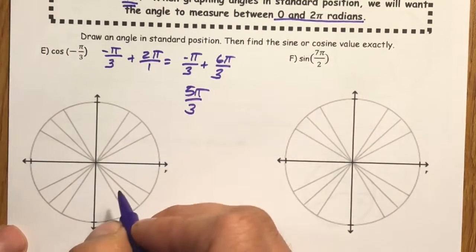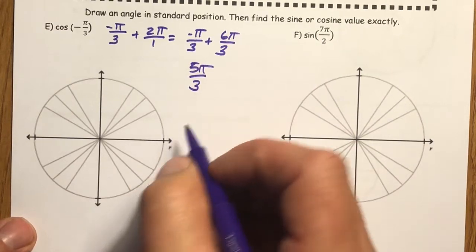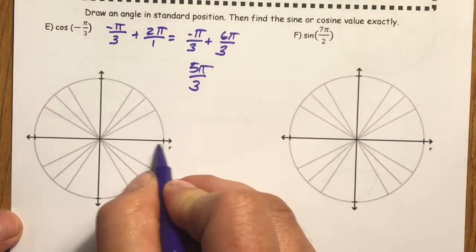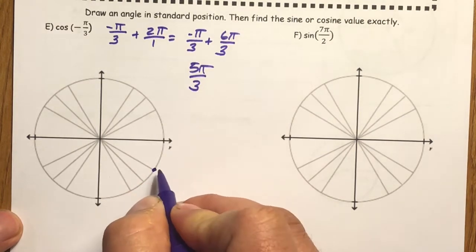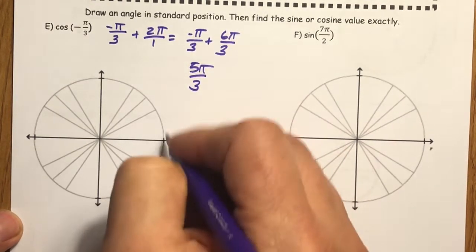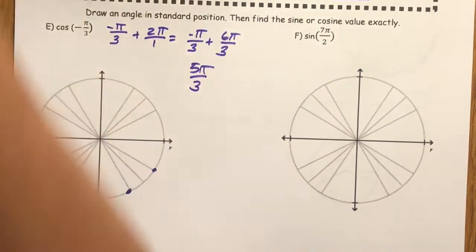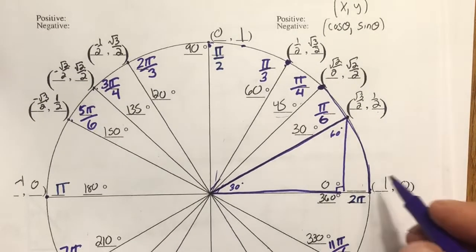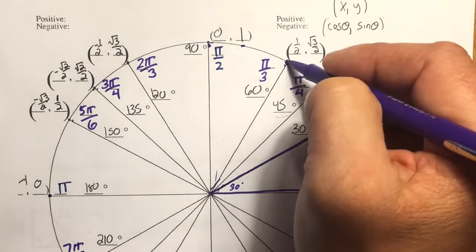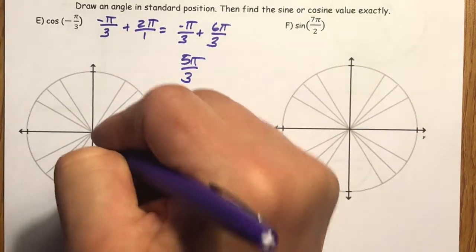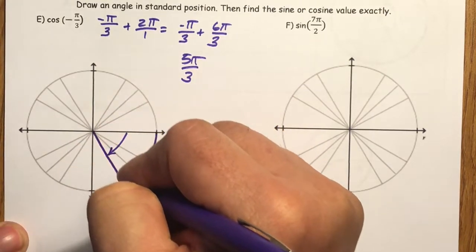So what that looks like down here, you can think of it one of two ways. Negative pi over 3 is just from here to here, because if you look up here on your unit circle, pi over 3 is a 60-degree angle. So if I go negative 60 degrees, going this way, it's going to land right there.